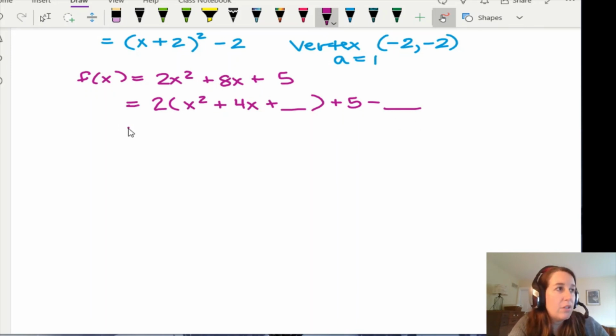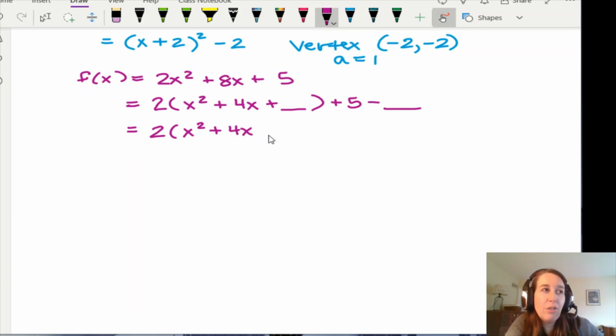Okay, so we still complete the square the same way inside the parentheses. So x squared plus 4x. Okay, try to see if you can come up with the number that would go here. Any ideas? Okay. That number should be a 4.